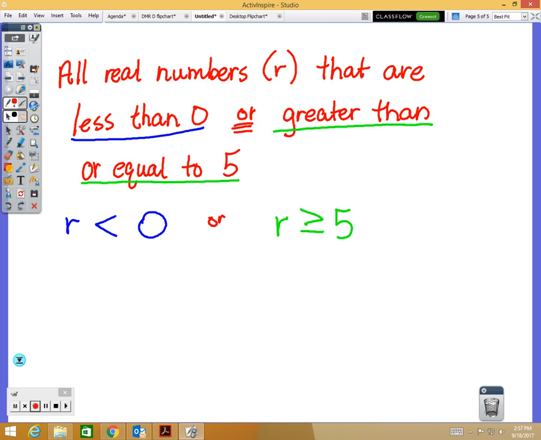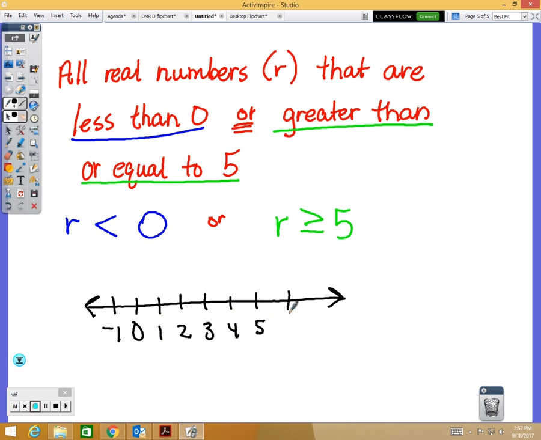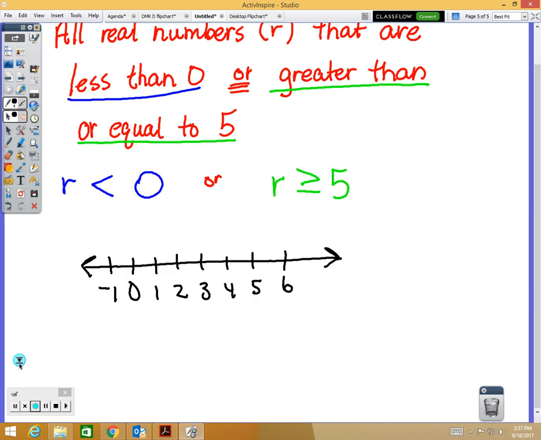We're going to put this on one graph. So what numbers do we have to have on our number line? 0 through 5. We need at least 0 through 5. So again, I'm still going to use my colors because it makes it easier for you guys to see.